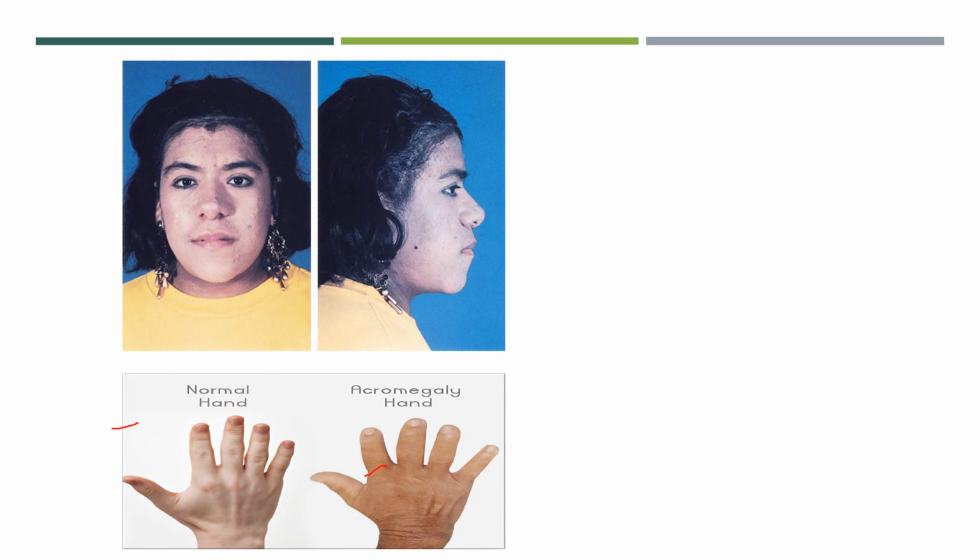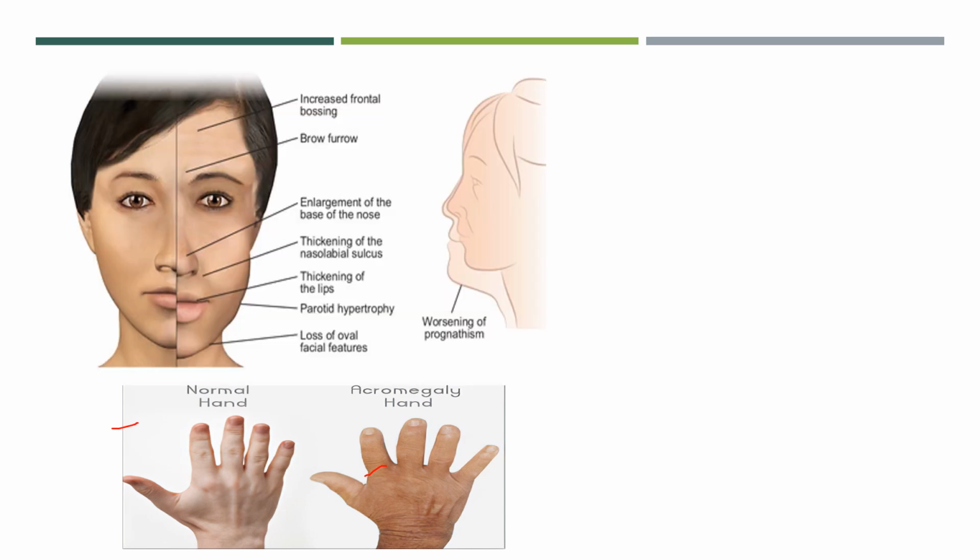Any kind of pituitary tumor will give rise to some kind of visual defects due to compression of the optic chiasma. These are some important features. There will be increased frontal bossing, brow furrow, enlargement of the base of the nose, thickening of the nasolabial sulcus, thickening of the lips, parotid hypertrophy, loss of oval facial features, and worsening of prognathism.